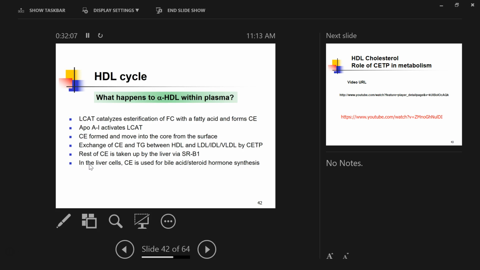And once it's esterified, cholesterol esters move into the core from the surface. And the second important thing is the exchange of cholesterol ester and triglyceride between alpha HDL and the VLDL, IDL, LDL, right?